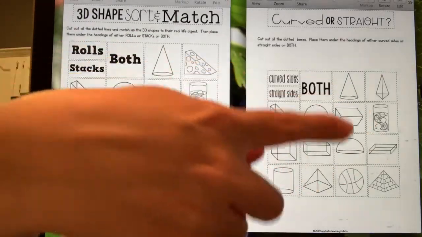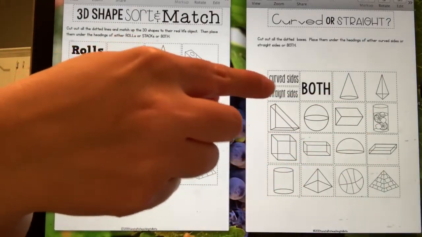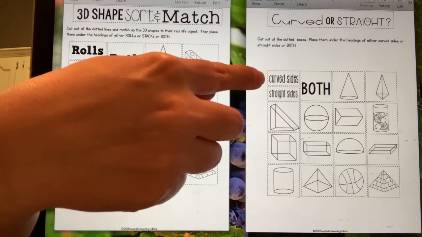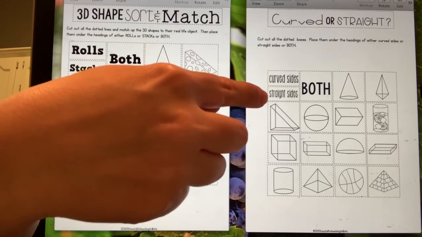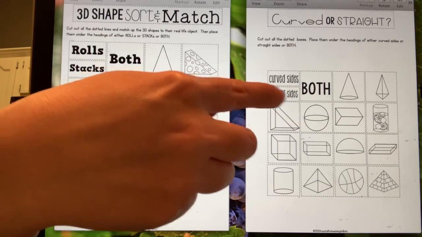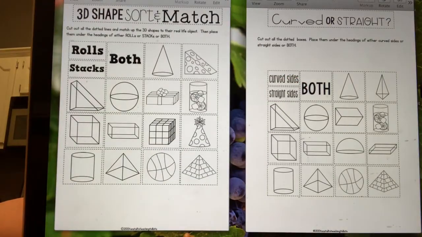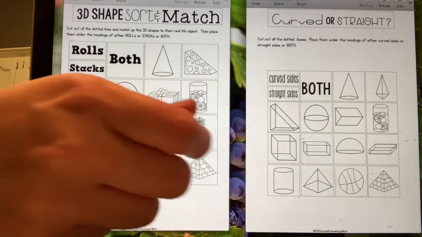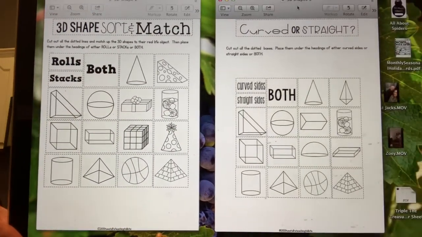And then over here, same thing. You're going to sort out these 3D shapes, whether they have only curved sides, or only straight sides, or both curved and straight sides. So an example, again, would be, let's see, on Miss Bowden's paper, what we've got that might be both of them.